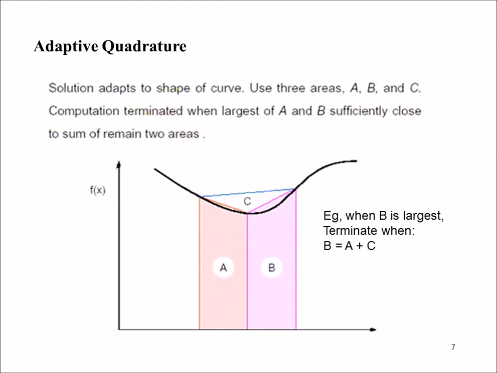So we do adaptive quadrature because we are trying to make the computation of areas under slowly varying parts of the curve stop earlier than computations of areas under more rapidly varying parts. So we use this trick of reducing the size of the C until we say, okay, it's good enough.